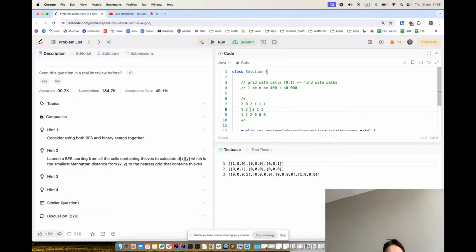Then here it's 3, 3, 3. Here 2, here 3. Okay, I can do something like this. So I may update this grid.